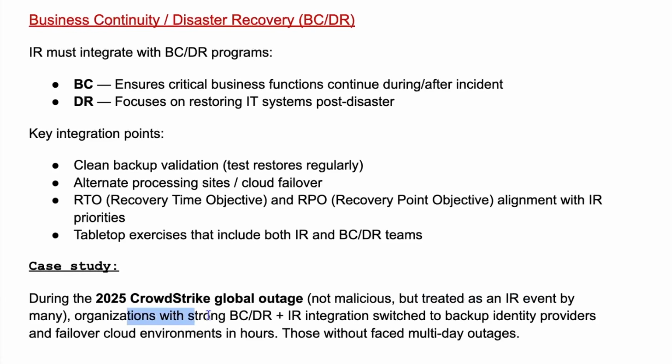So the organizations that had really good business continuity and disaster recovery integrated with their incident response plans switched to their backup identity providers and failover cloud environments in a span of hours, which is really good when you're talking about recovery time objective. Those without those things failed and faced multi-day outages.